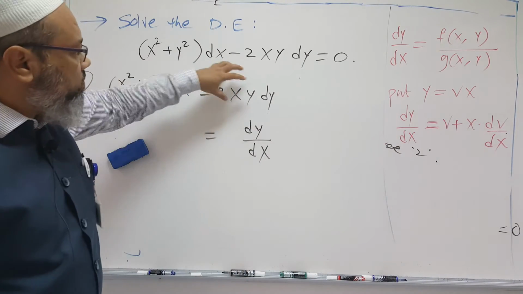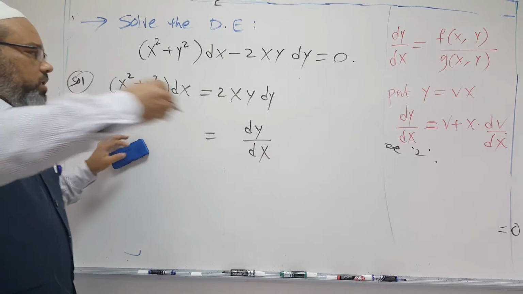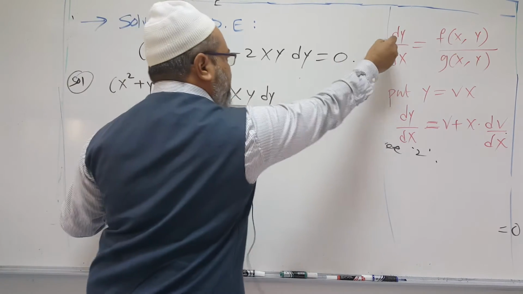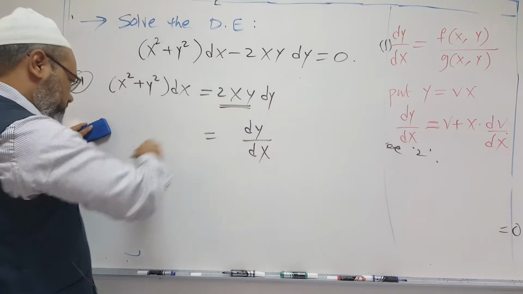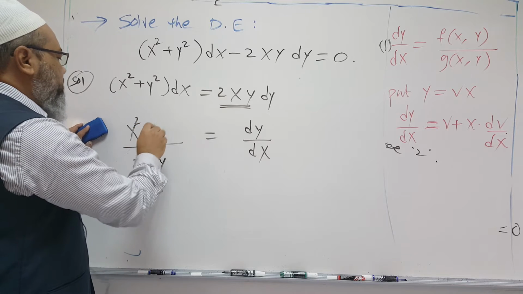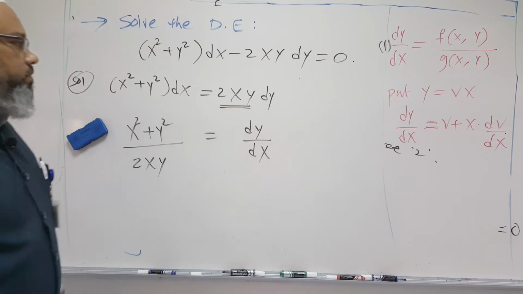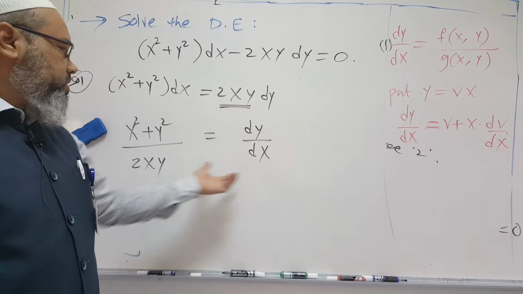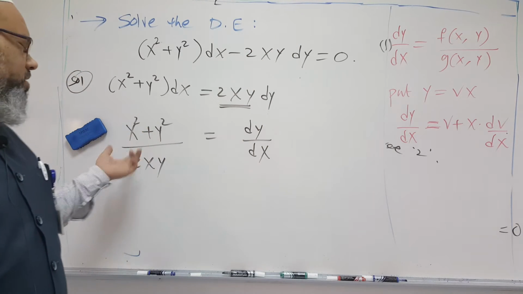All other things should be on the other side. We don't want this 2xy on this side, because with dy by dx the coefficient should be only 1, so send it down, and x square plus y square stays the same. Yes, we got the first step, that is dy by dx equals all other terms on the other side.